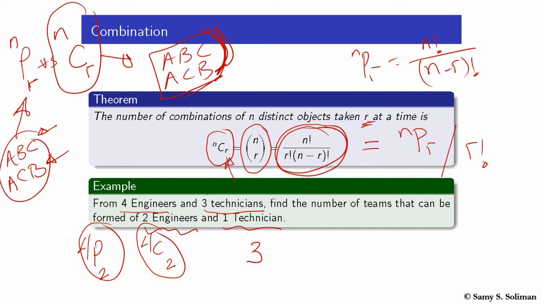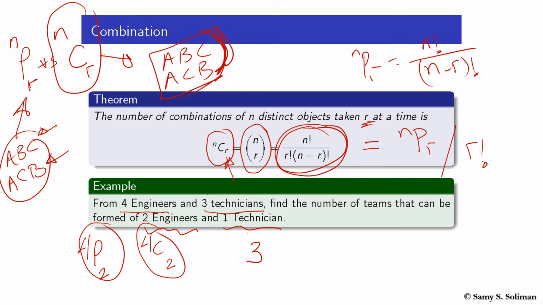It depends on whether the arrangement will make a difference or not. Will it be any different if the team includes engineer 1 and engineer 2 compared to the case where the team includes engineer 2 and engineer 1? It doesn't matter. There is no order here.